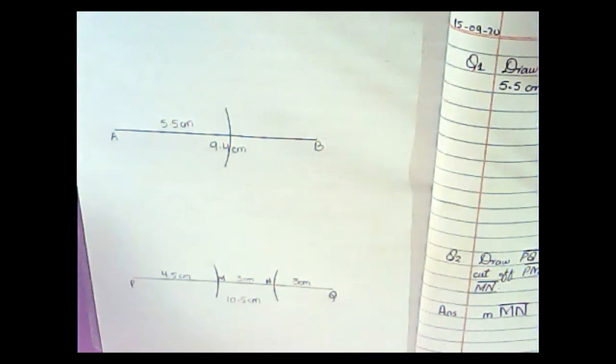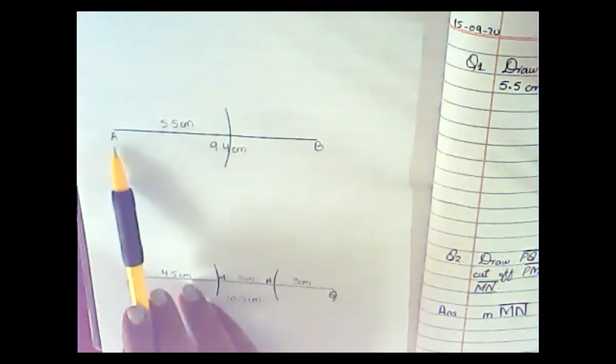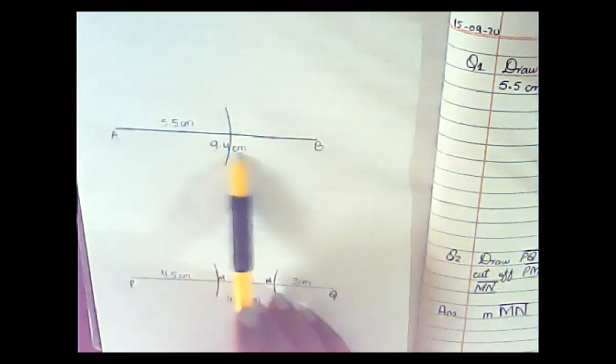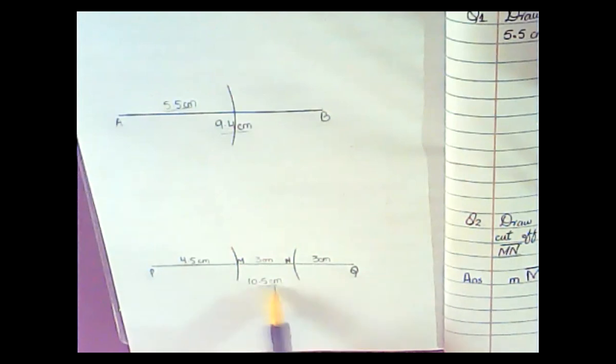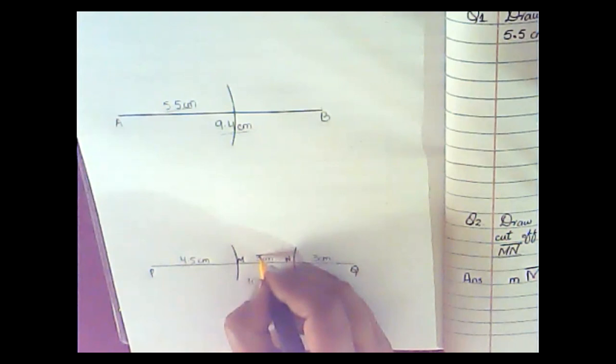Now these points are a must. The measurements are a must, meaning you have to write them down, this is compulsory, as well as the measurement of each section. All these things are a must. This is 3 centimeter. Obviously I'm using pencil here, so it is not as clearly visible. So now, is it clear?